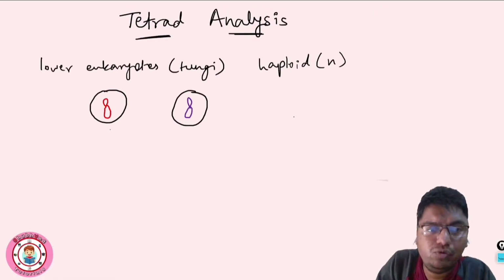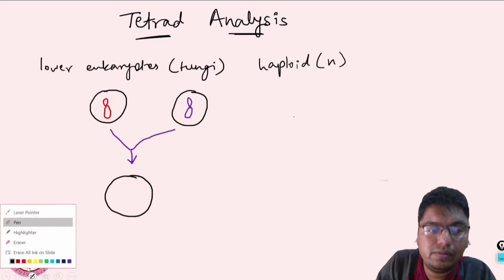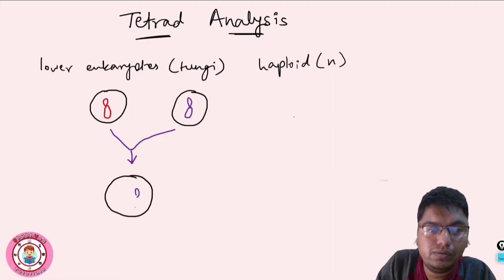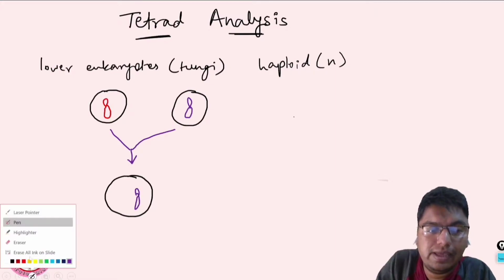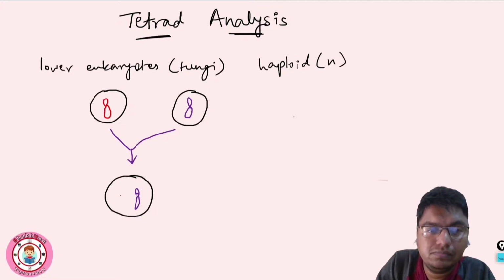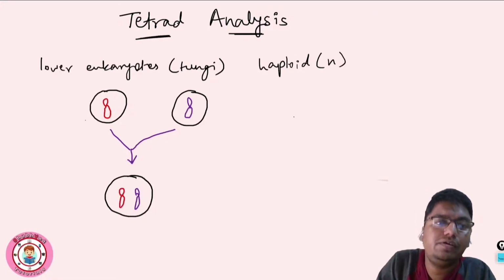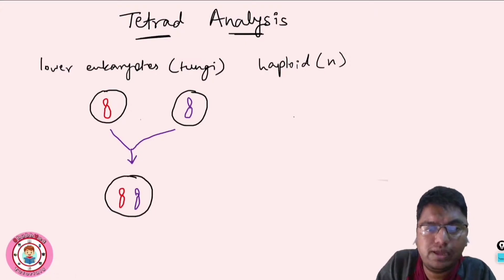Then they will get fused to form a zygote. This is a zygote having 2n. These are the two chromosomes fused here. So this is haploid, and this fusion is known as diploid zygote.